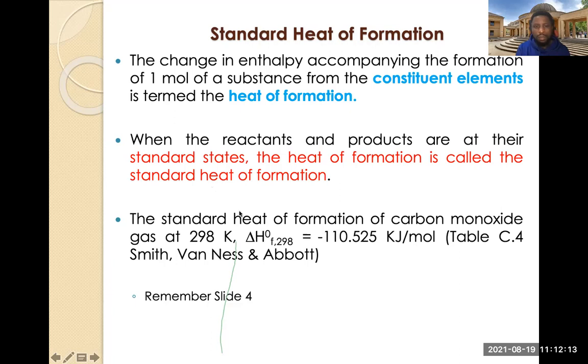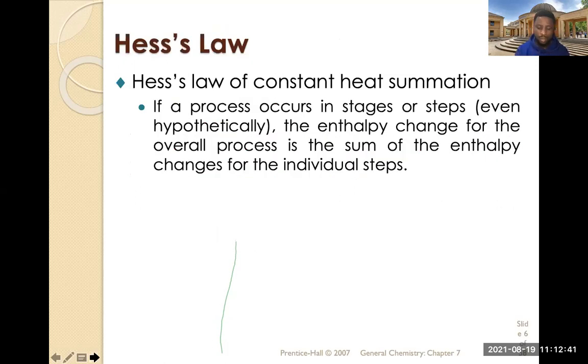So as I've talked about this, the standard heat of formation of these, as I mentioned, is available in a table, just as we had steam tables in the previous classes. For this particular one, we'll be using what we call the standard heat table or enthalpy table. So we'll be using that. We are also going to see what we call the Gibbs energy table.